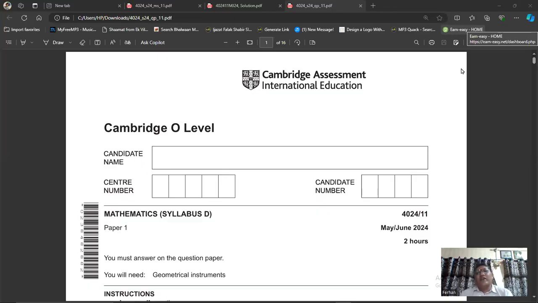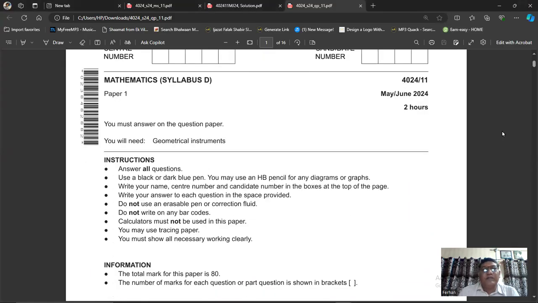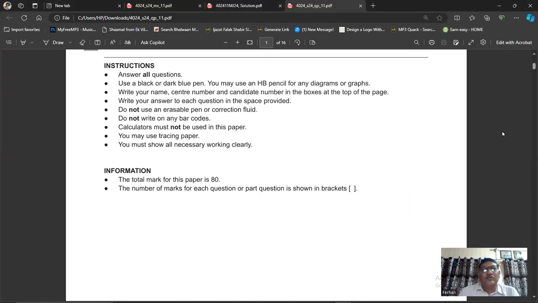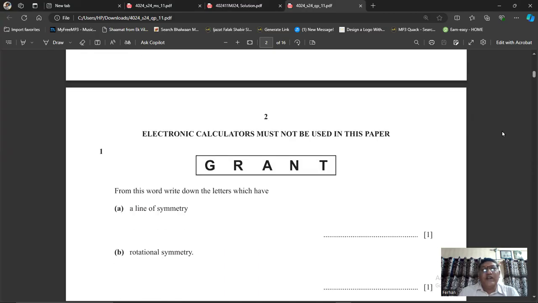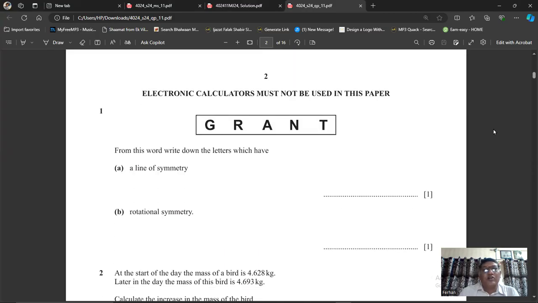So on your screen, the paper, May-June 2024, 1-1 paper is showing up. The time allowed for this paper is 2 hours, and the calculator is not allowed in this paper. So let's go to the question. The very first question coming up on your screen is question number 1.